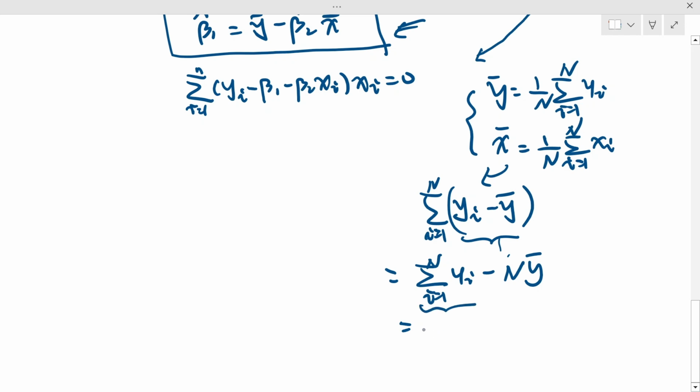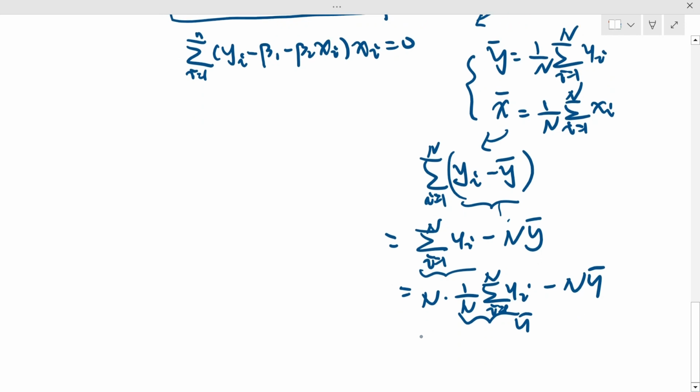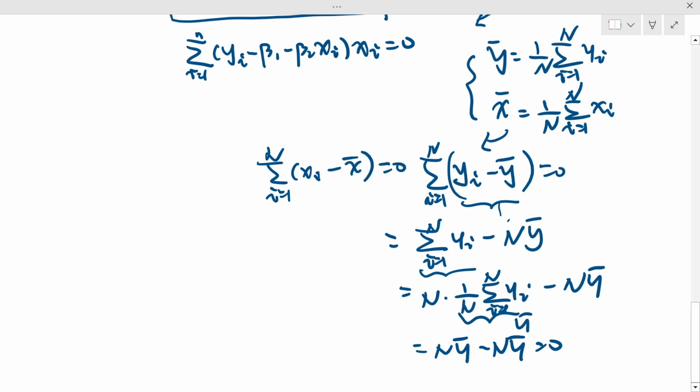And this is equal to n times 1 over n sum of yi minus n y bar, and the first part is just n y bar by definition. So we get n y bar minus n y bar, which is 0. The intuition is that if we calculate the deviation from the mean and sum them up, it becomes 0. Similarly, you can show the sum of the deviation of xi from its average is 0 as well. We will need to use this later on.